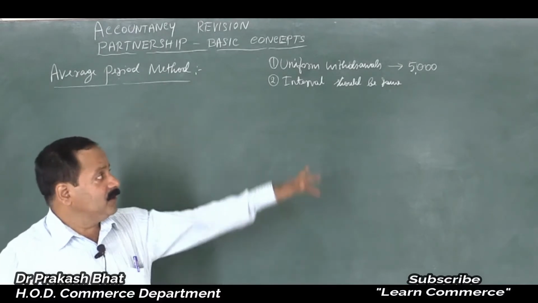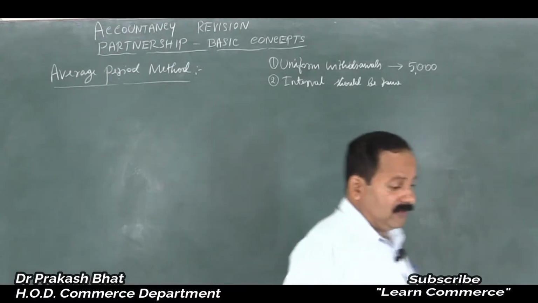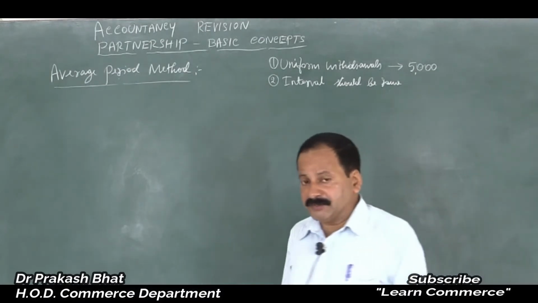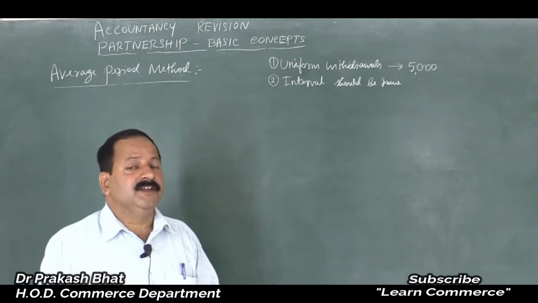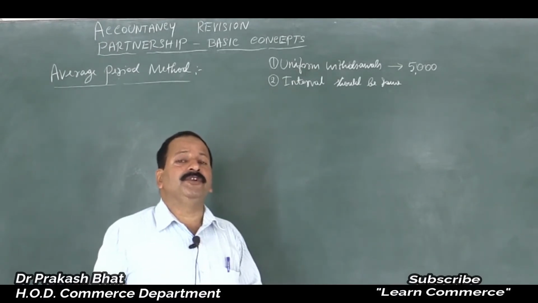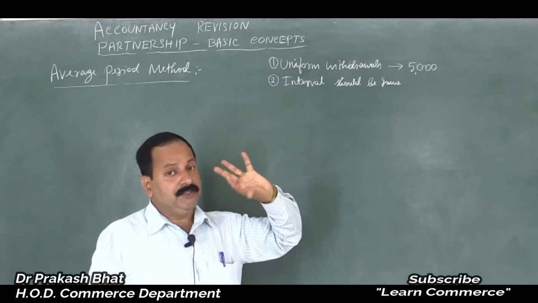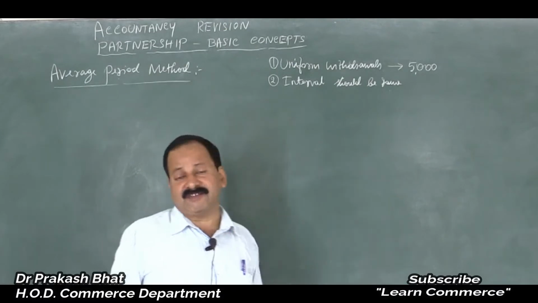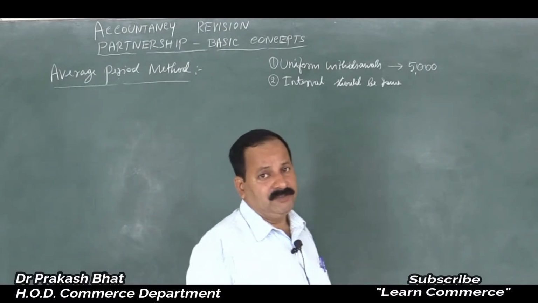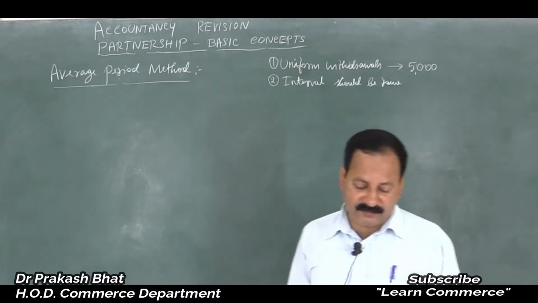If first withdrawal is 5,000, second withdrawal 4,000, third withdrawal 2,500, fourth withdrawal may be 7,000, in this case we will not be in a position to follow shortcut method, because withdrawals are not uniform. Then average period method cannot be followed, right?